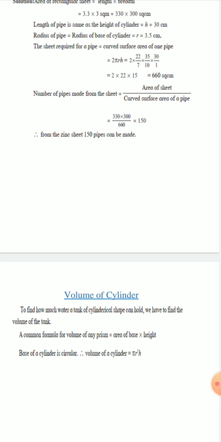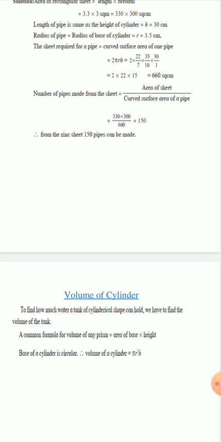And to find how much water a tank of a cylindrical shape can hold, we have to find the volume of the tank. This is the practical application. Why we are calculating the volume of the cylinder? If we are able to calculate the volume of the cylinder, we can easily calculate how much water a tank of a cylindrical shape can hold.